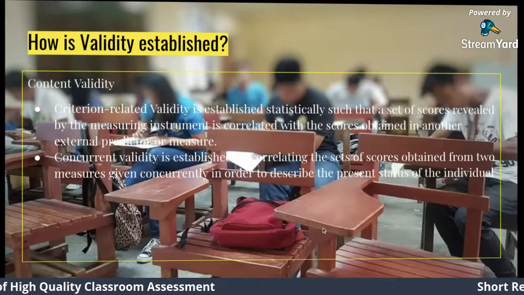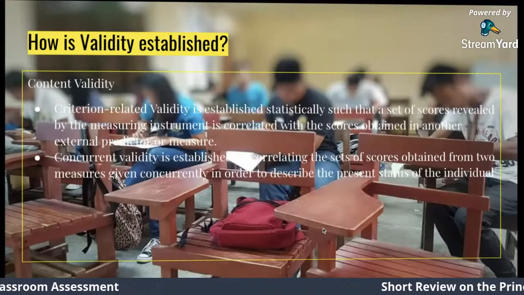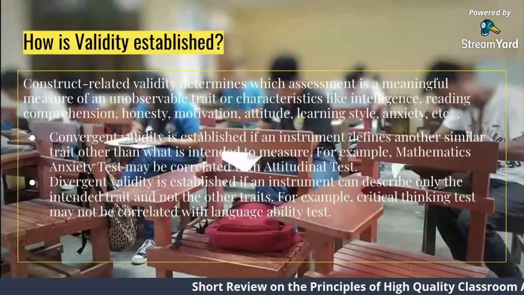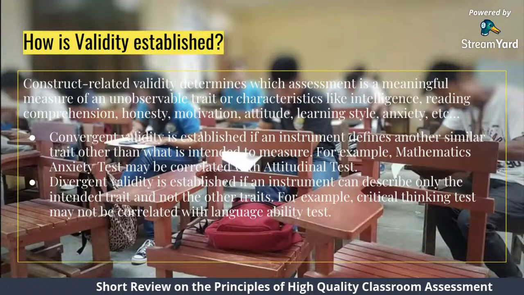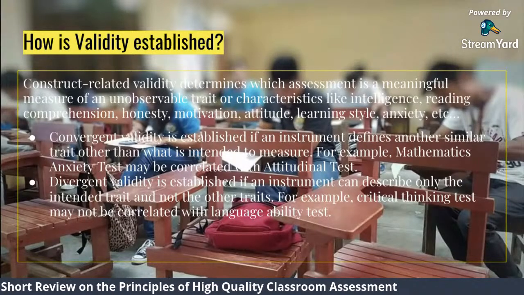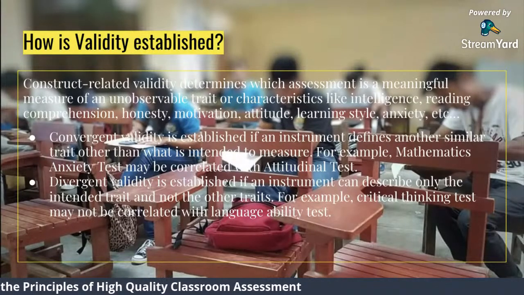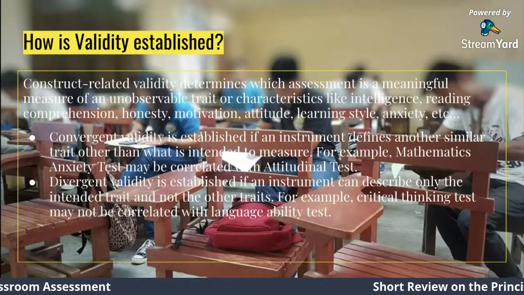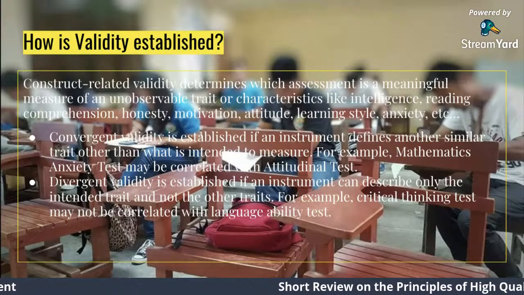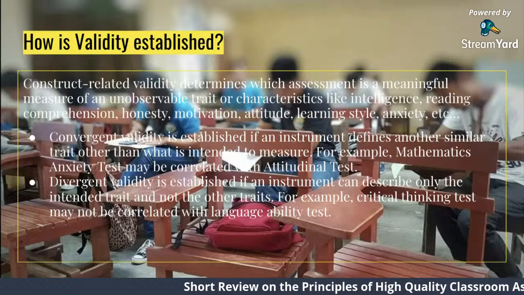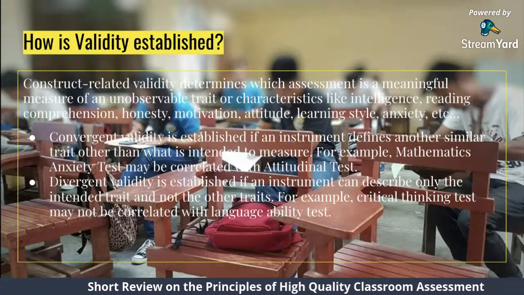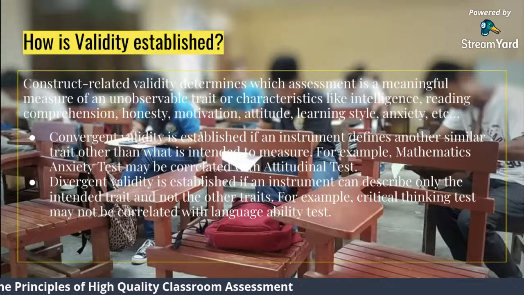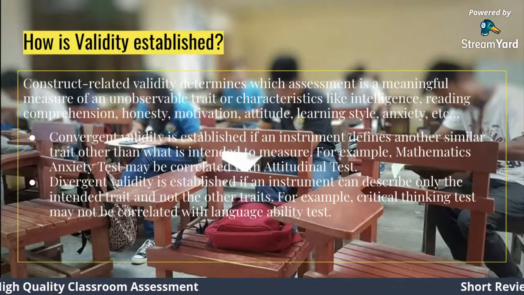Now we move on to construct-related validity. So construct validity determines whether an assessment is a meaningful measure of an observable trait or characteristic like intelligence, reading comprehension, honesty, motivation, attitude, learning style, anxiety, and so on.